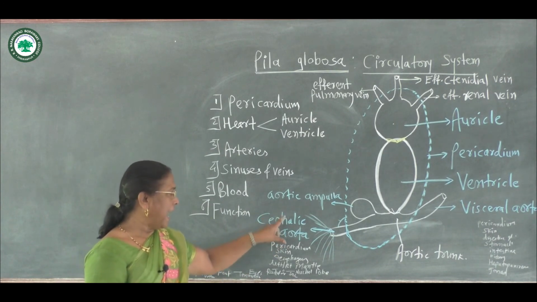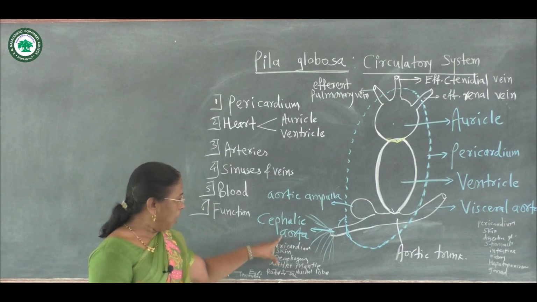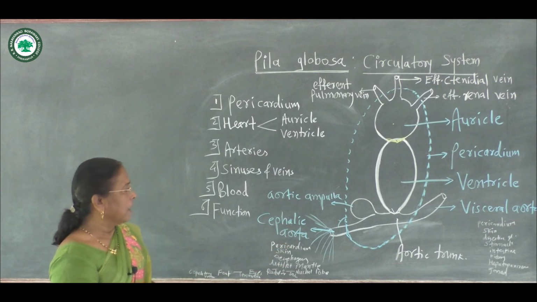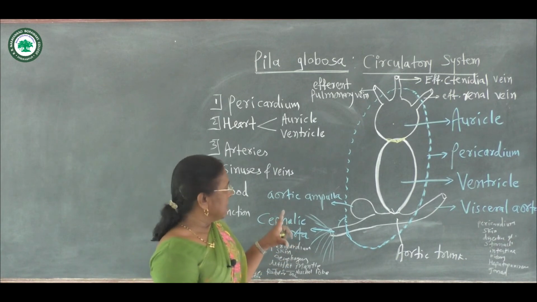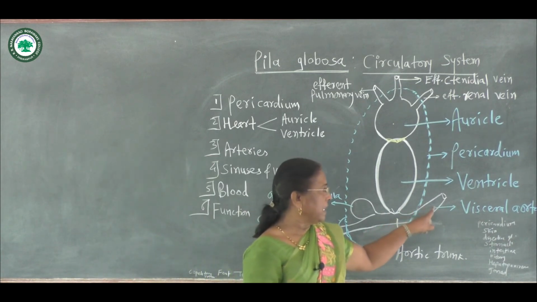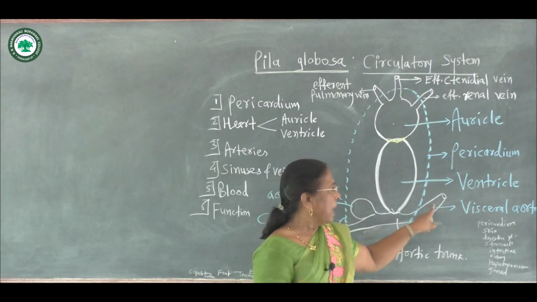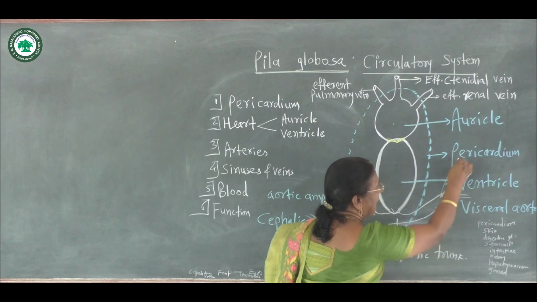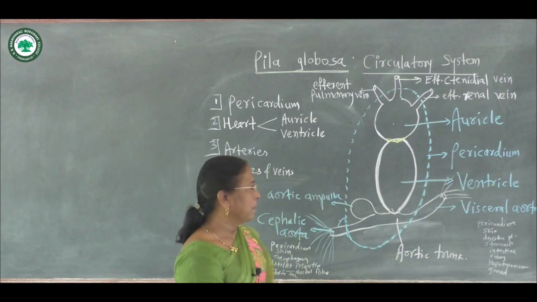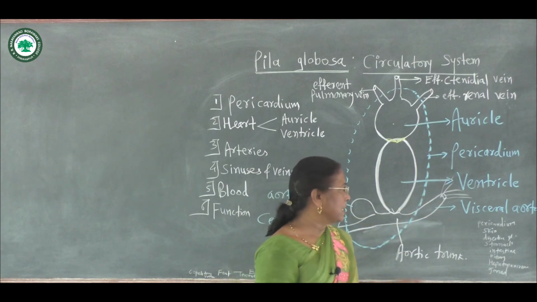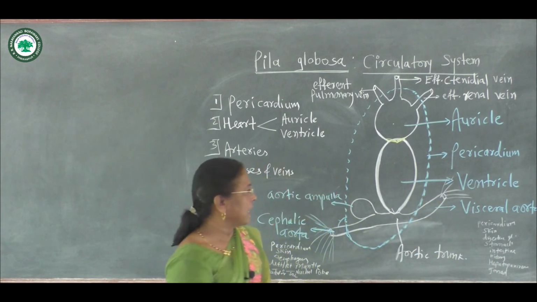This means the head and foot and all these organs are supplied by this cephalic aorta. The anterior region is supplied by the cephalic aorta, while posteriorly the visceral aorta again breaks into a number of smaller arteries and they give their supply of blood to all the organs.